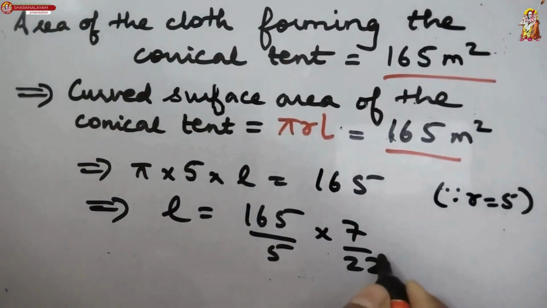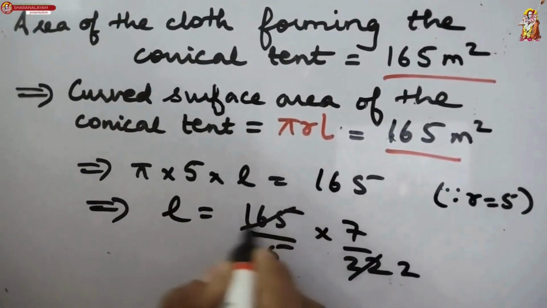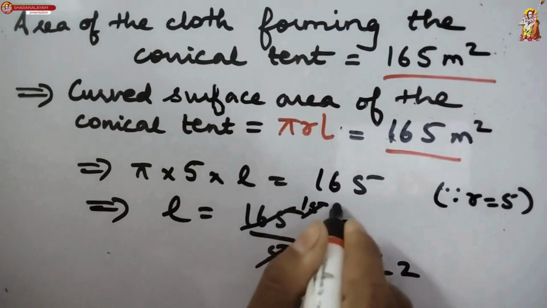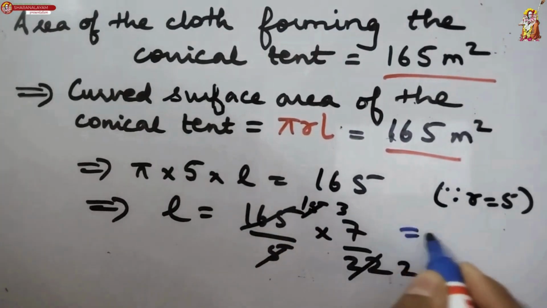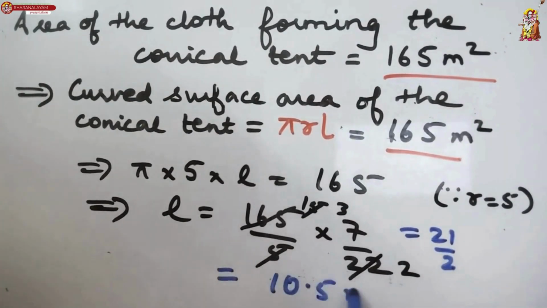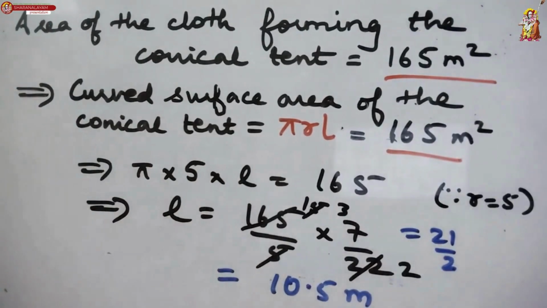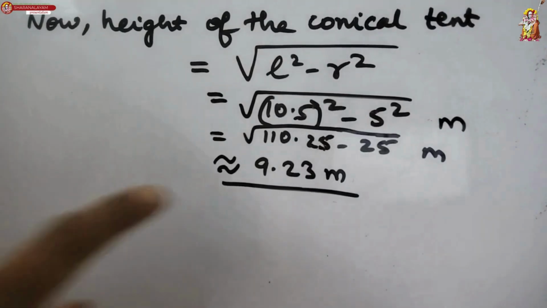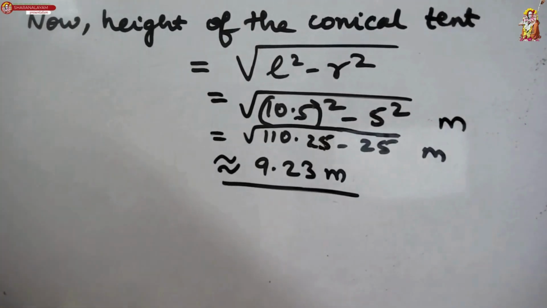Now 11 2s are 22, 11 15s are 165, 5 3s are 15. This is equal to 21/2, that is equal to 10.5 meters. Okay. Now the height of the conical tent will be square root of L square minus R square. So substituting the values, we have that to be approximately 9.23 meters.